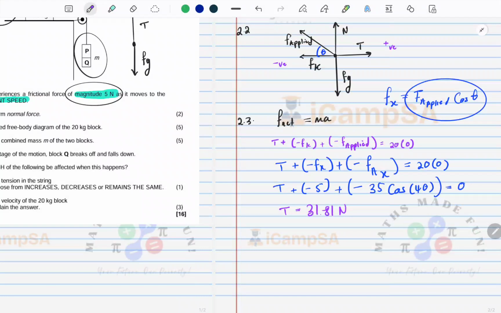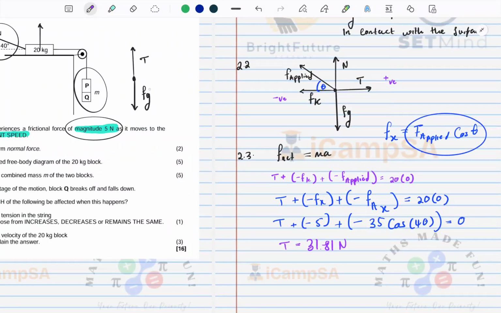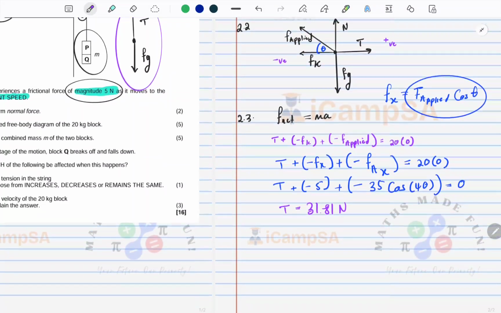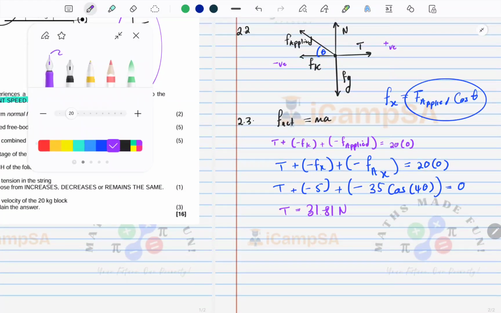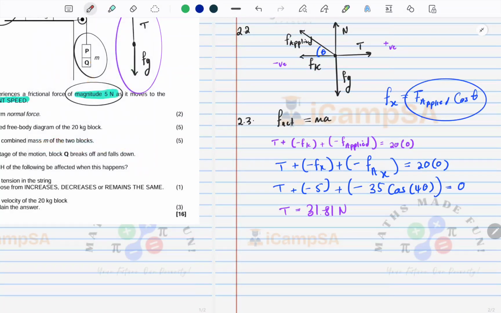We are yet to find out what our mass is here. So now that we are done with the 20 kg block, we need to move to this thing here, which is our P and Q. For P and Q, we're going to do the same thing.